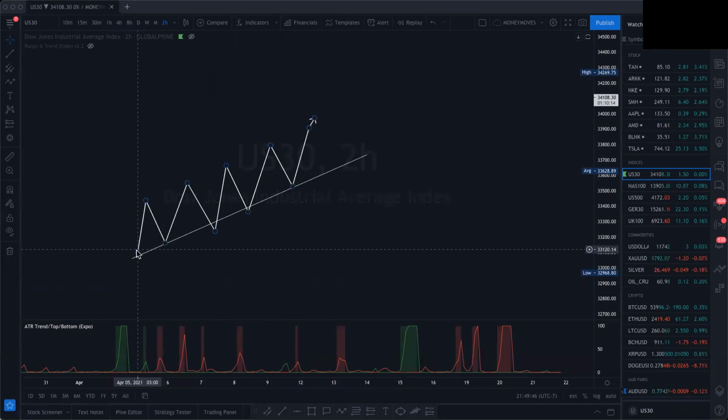So if you have a basic understanding of higher lows and higher highs, right? I'm sorry, higher low, higher high, higher low, higher high. You want to get in on the higher lows. This low is higher than this low, so on and so forth, right?